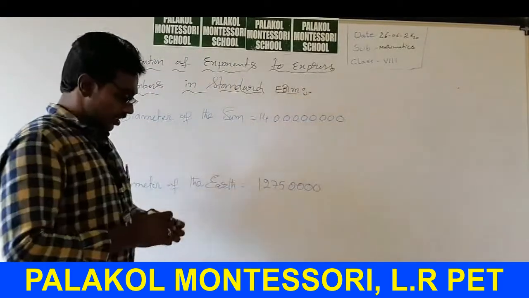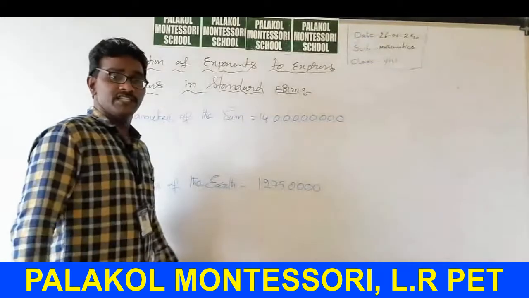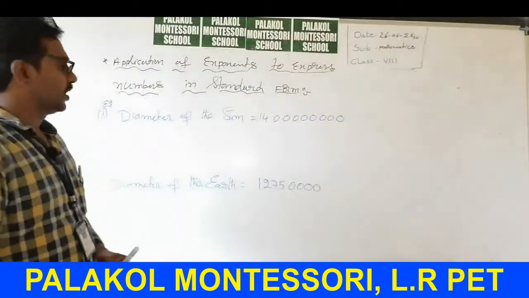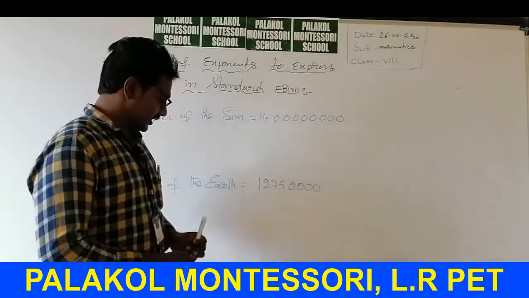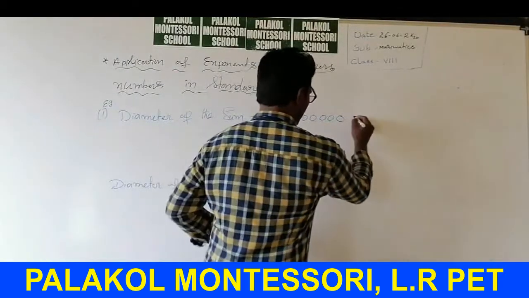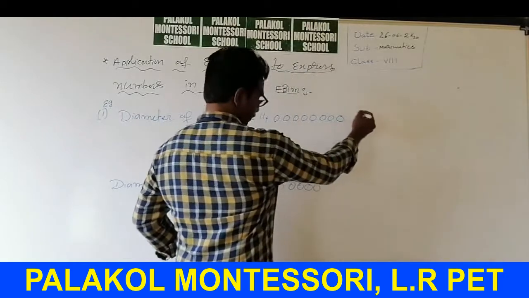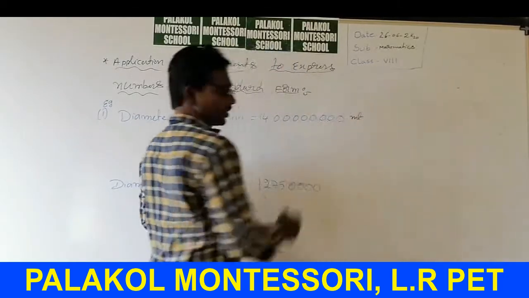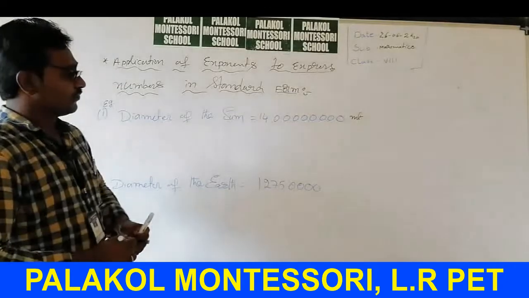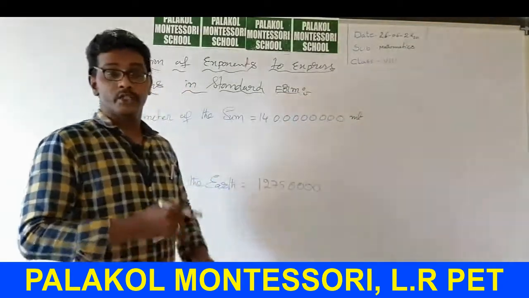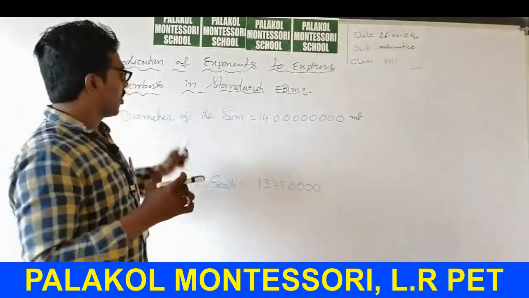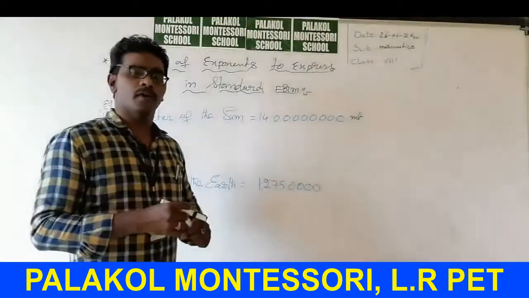Guys, observe these two numbers. They are very big numbers. Suppose the diameter of the sun is given in meters: 14 followed by 1, 2, 3, 4, 5, 6, 7, 8 zeros. 8 zeros are there.